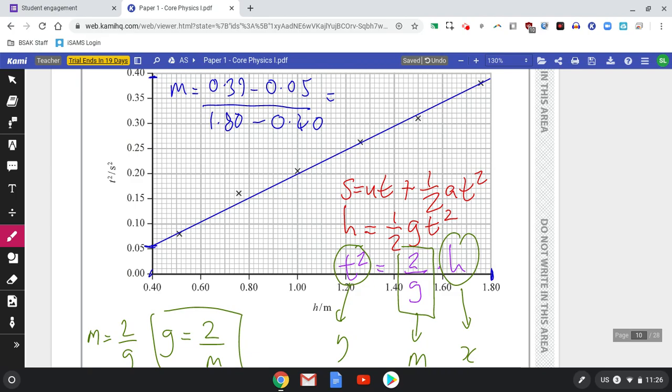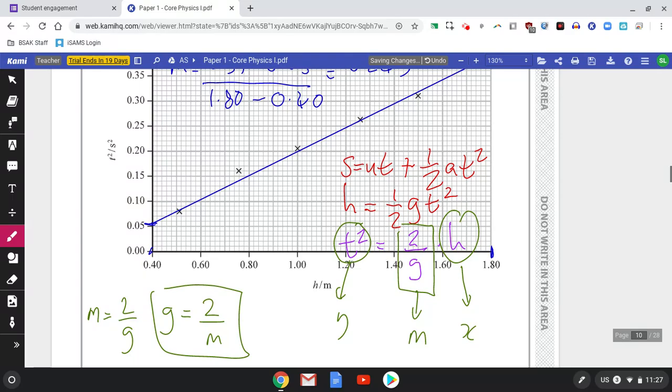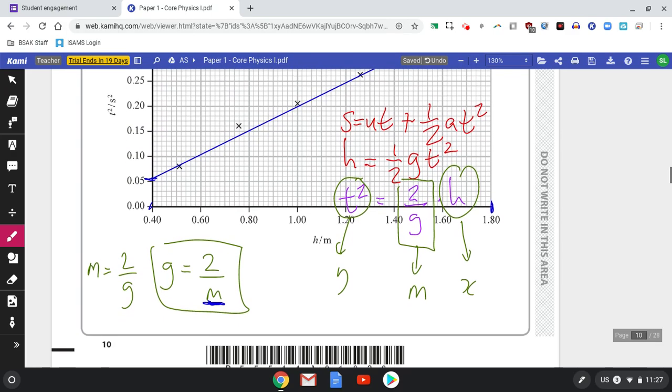So 0.39 minus 0.05, divided by brackets, 1.8 minus 0.4, close brackets, equals 0.243. That's the gradient. We're going to put it into this equation here. So we're going to go 2 divided by that, 8.24. 8.24 is a value of g.